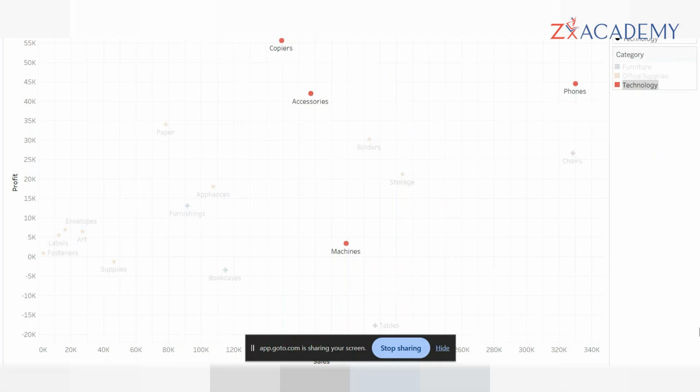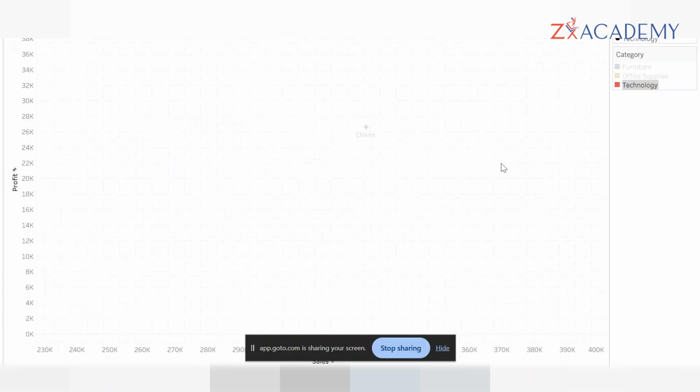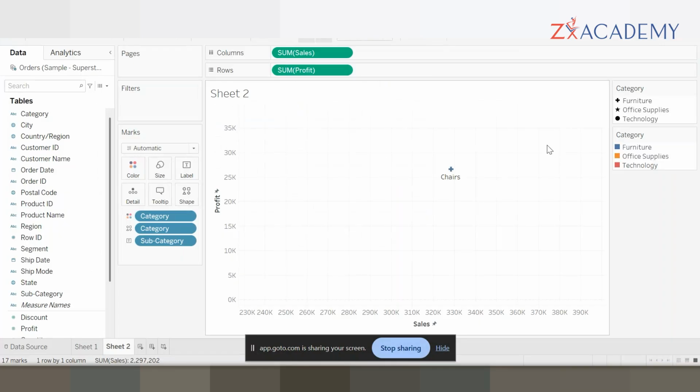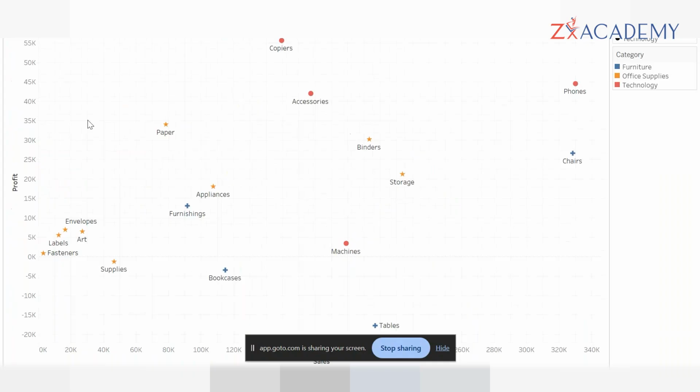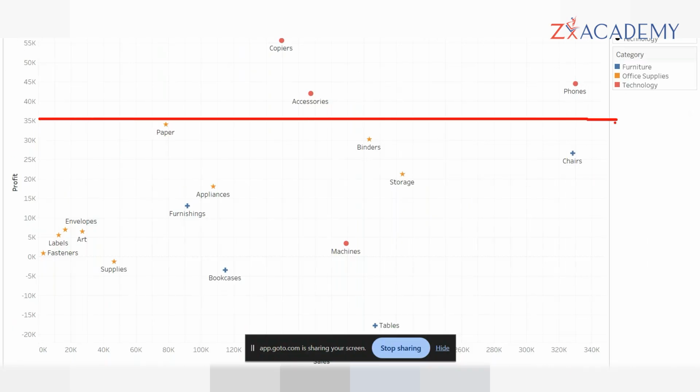One thing I understand here is that the top three profitable products all belong to technology. Technology has four products in total, and out of the four, three are the top three profitable products.